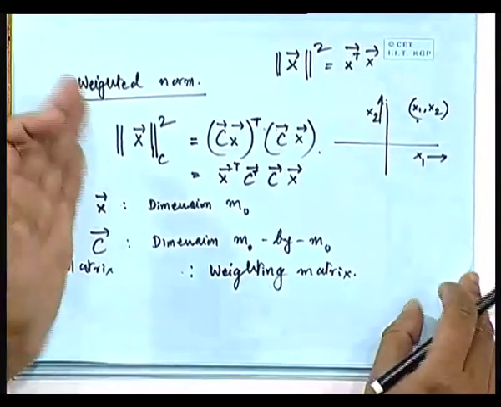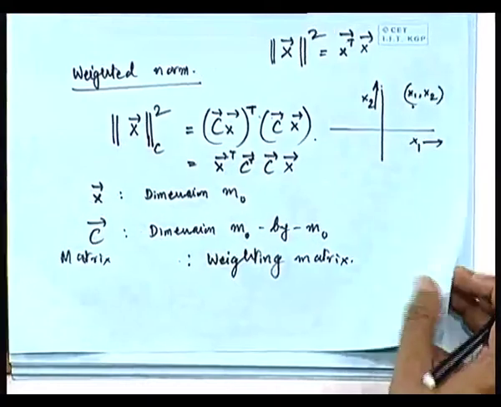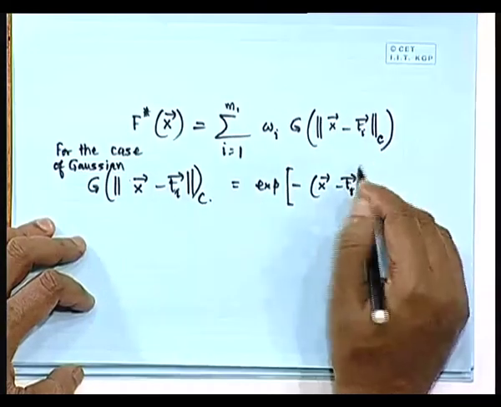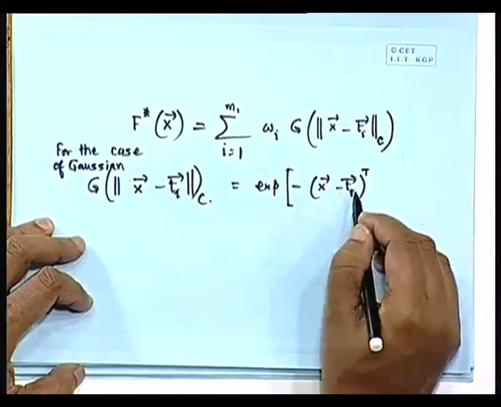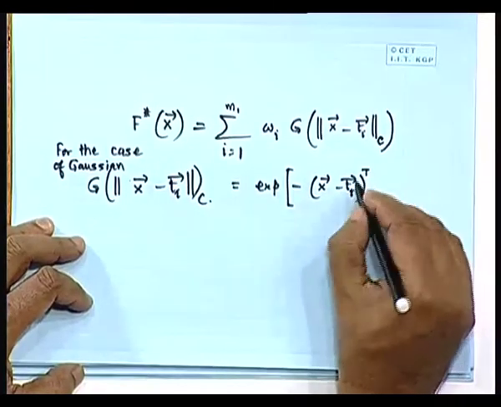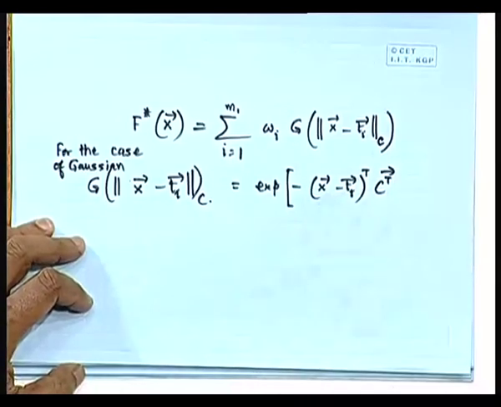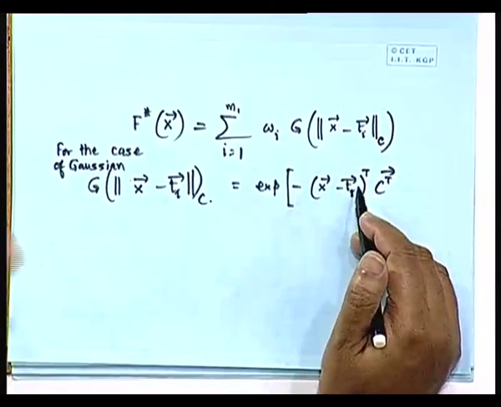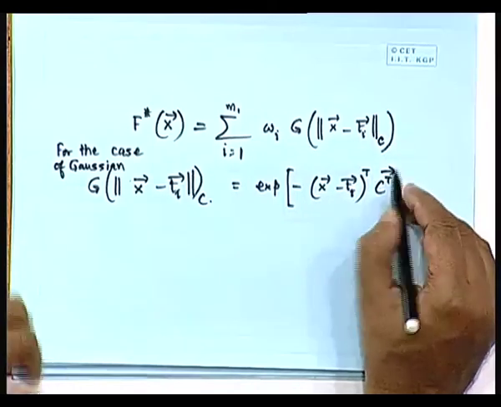In a very similar way, since we are breaking up the weighted norm in the argument of the Gaussian function, within the exponential term we will get x minus ti transpose, where ti is the center of the Gaussian function, then C transpose.